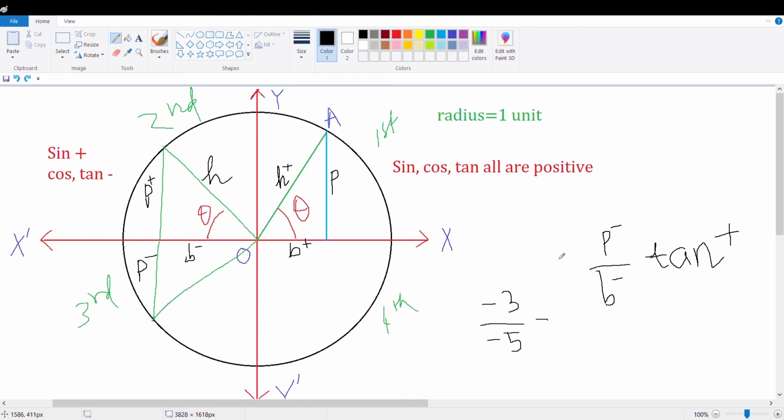So in third quadrant we can see that perpendicular is negative and base is also negative. So in third quadrant only tan will be positive, others will all be negative.